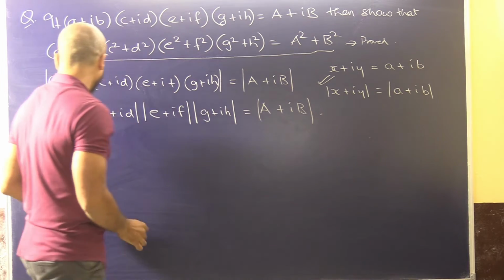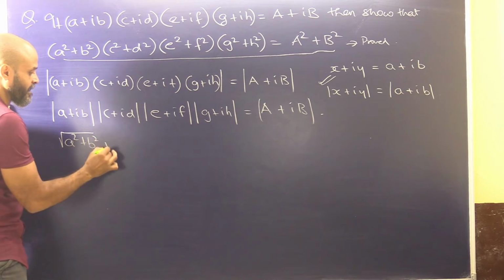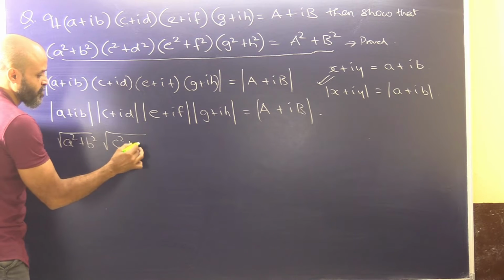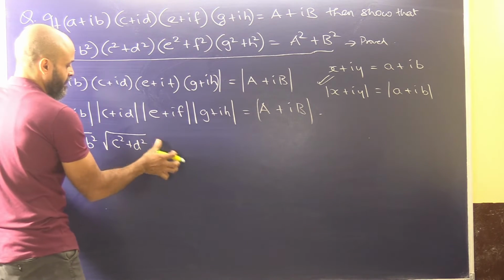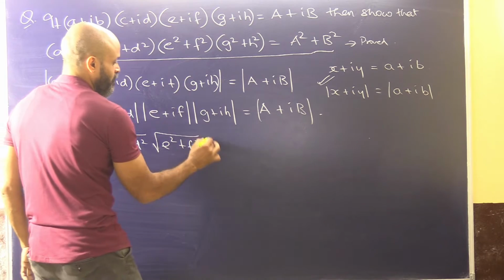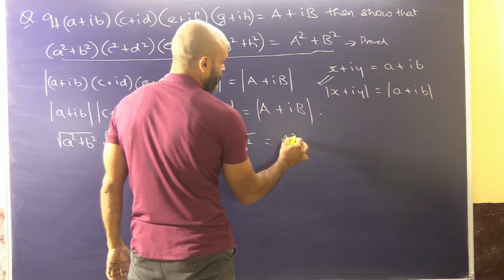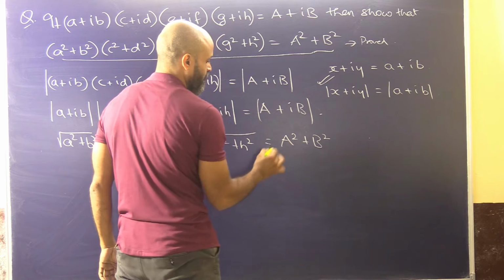So let's look at this now. This will be under root of a square plus b square, this will be under root of c square plus d square, into under root of e square plus f square, into under root of g square plus h square. This should be under root of a square plus b square.